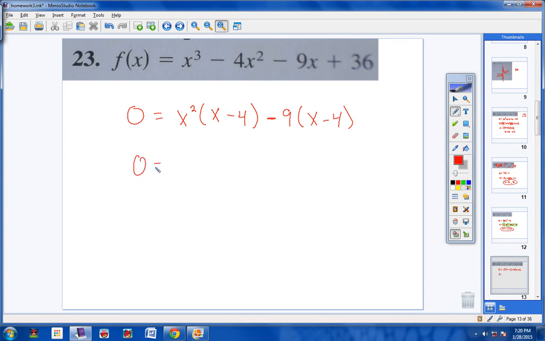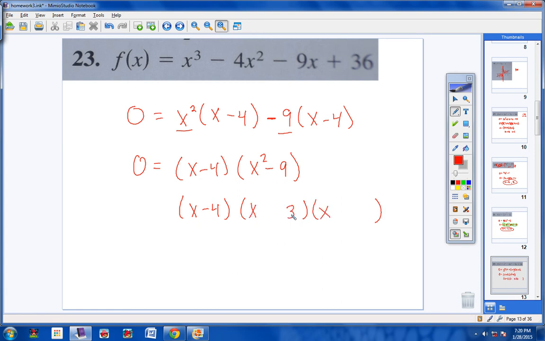So, write the matching parentheses once, and write the other parentheses with these two terms here, x squared, negative 9. Now, here's what's kind of funny. This group here can be factored again because we know the square root of x squared. We know the square root of 9, and there's a negative sign here. So now the factorization would be, the square root of x squared is x, put 1 here and here.